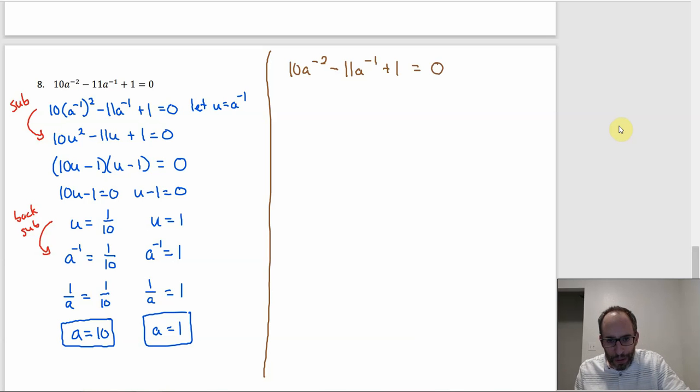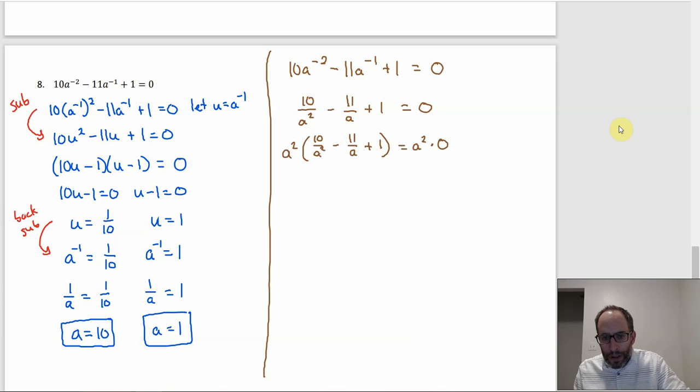So I would say, well, then this is going to be 10 over a squared minus 11 over a plus 1 equals 0. But then you could clear those rational expressions, where if you multiplied both sides by a squared, so a squared times this whole left side, and then I guess distributing it wouldn't hurt.